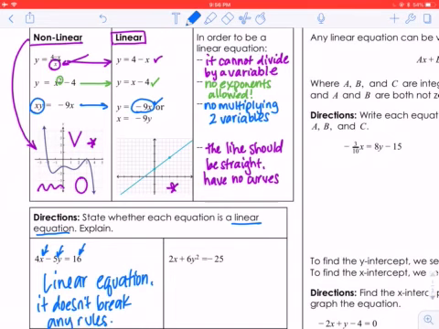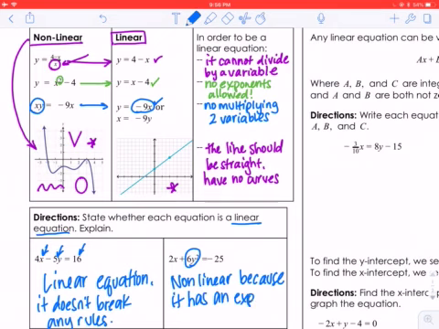Right? For this one here, I would say that this is not a linear line. This is non-linear because it has an exponent of 2. I'll just draw an arrow right to it, so it's really obvious.